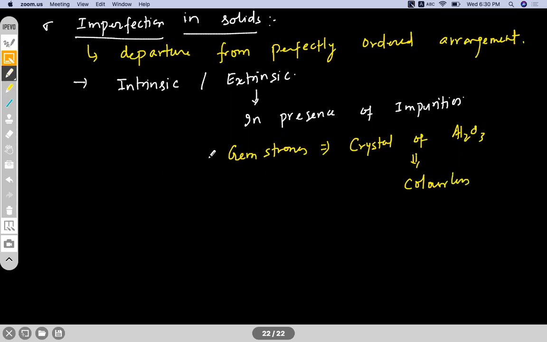When you add some impurities into this, that is extrinsic imperfection. If you add some impurities, like Fe3+ iron, if it is present in this, its color is blue. Sapphire blue, the exact color if you see.